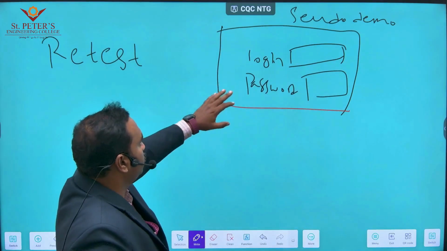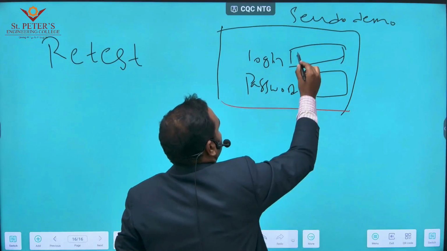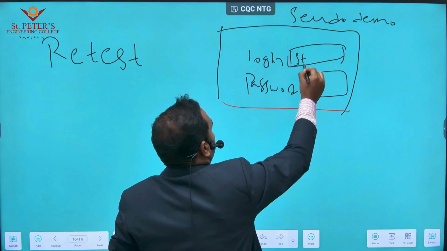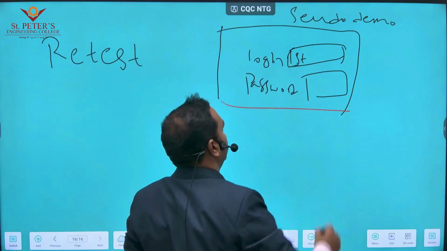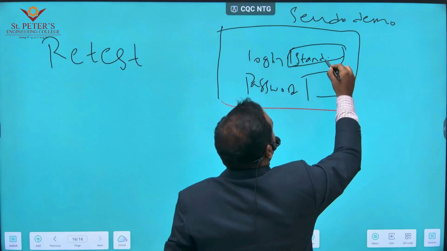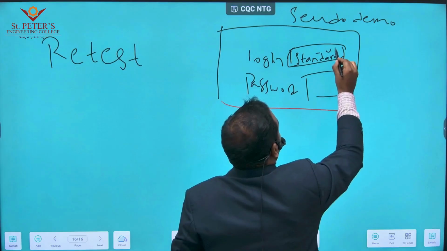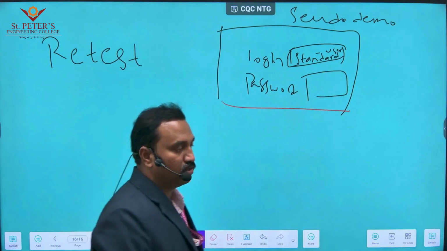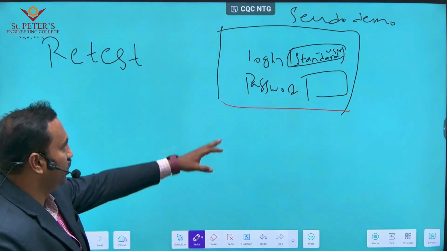For example, you find that the text box is not working. You have given standard user and the password is not accepted. I'm explaining this in a happy path scenario.